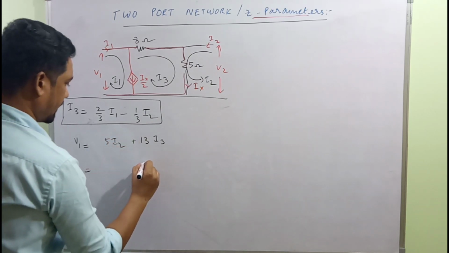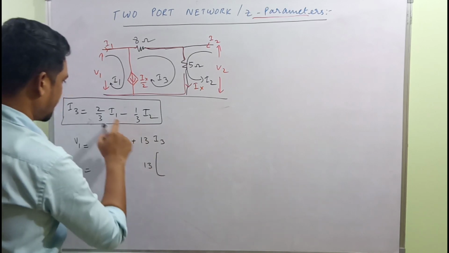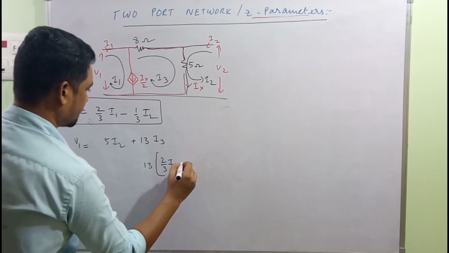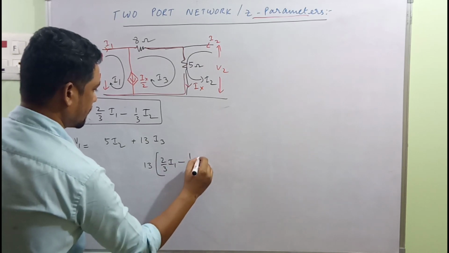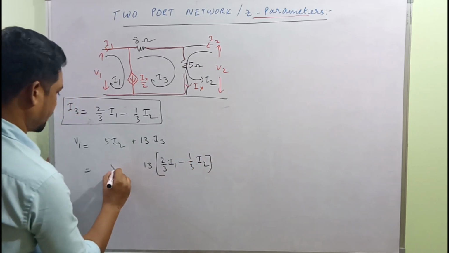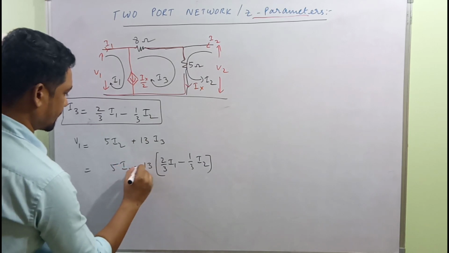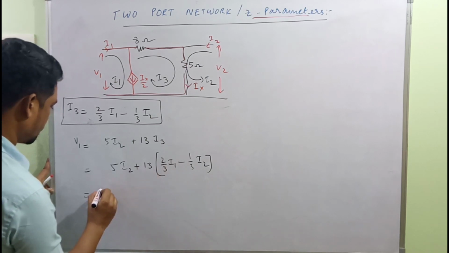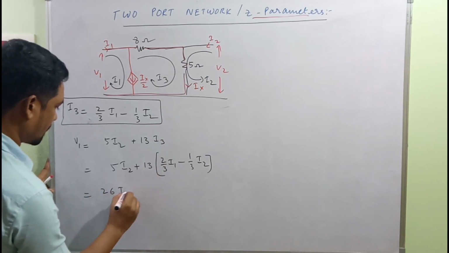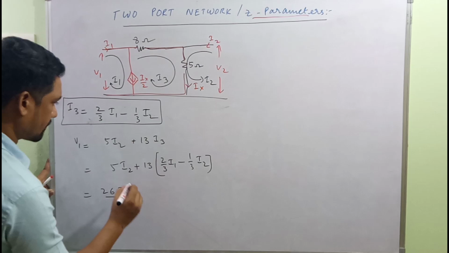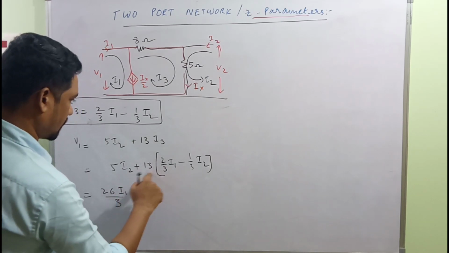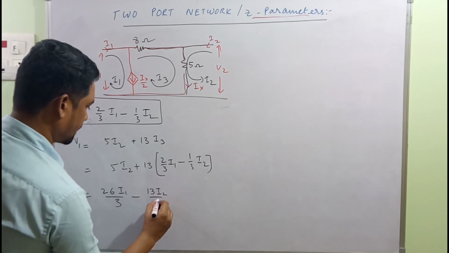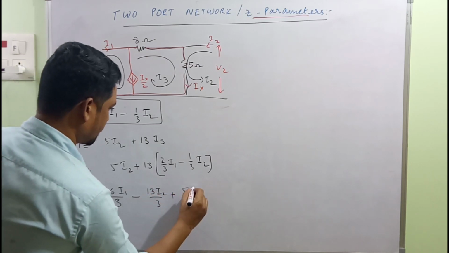Guys, 13 times I3 from here, it's 2/3 of I1 minus 1/3 of I2, and we have 5 times I2 as it is. Okay, so this will be 26 times I1 upon 3 minus 13 times I2 by 3 plus 5 times I2.